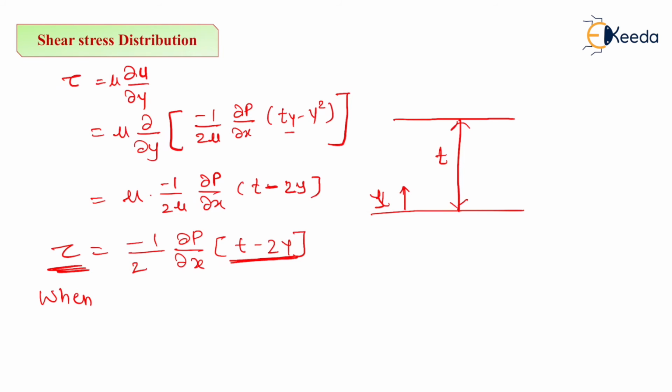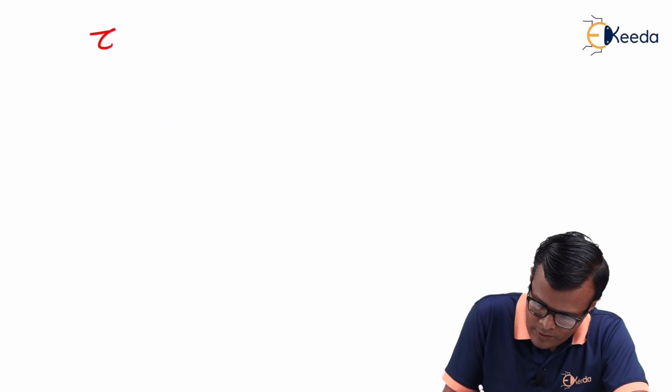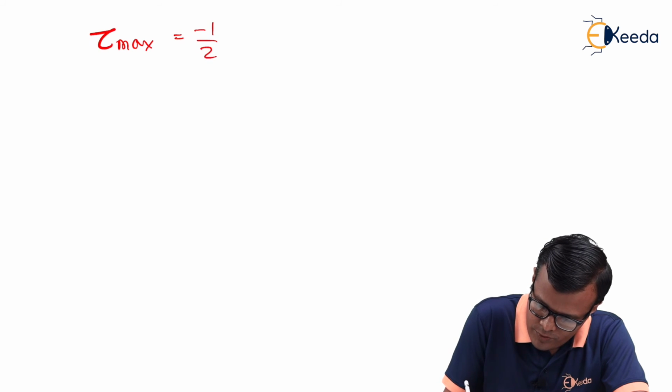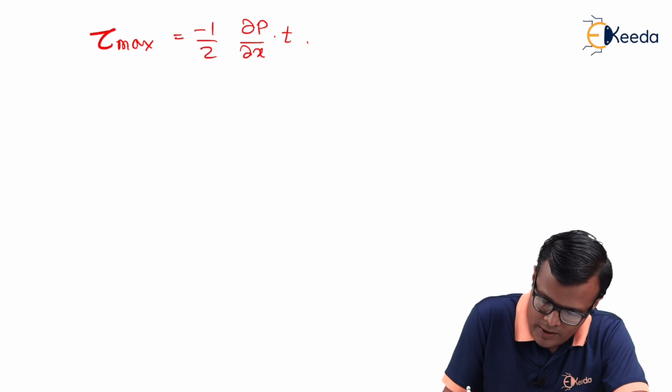So it is clear that when y equal to 0, tau will be maximum. So tau max can be calculated as minus 1 upon 2 into del p by del x into t.